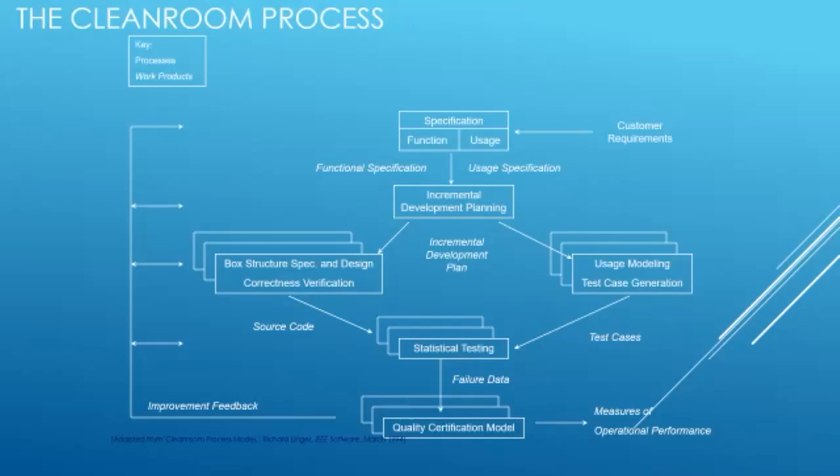Here the incremental development plan is driven and these both are again combined in statistical testing where failure of data sometimes may occur, and it gives the last quality certification model where measures of operational performance are carried out. Here source code and test cases are used for combining these two boxes for statistical testing. The improvement feedback is carried out.